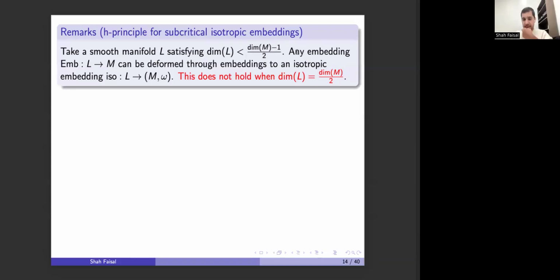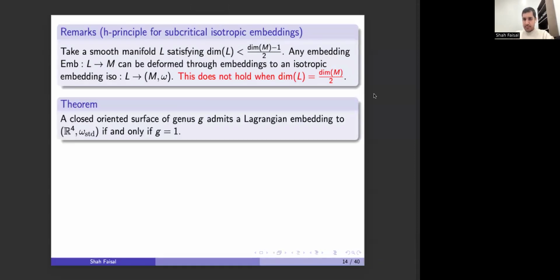No problem. But this is not the case when you take L to be Lagrangian. So you can find embeddings, but you can't deform them. So there is some obstruction coming from the symplectic structure of the manifold. I can mention one example.